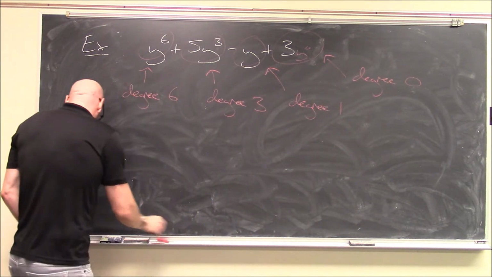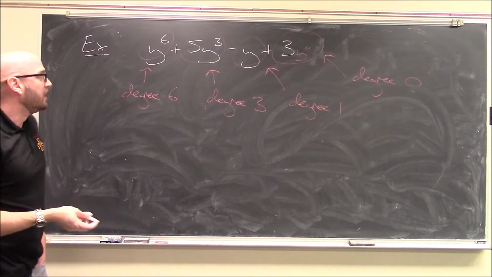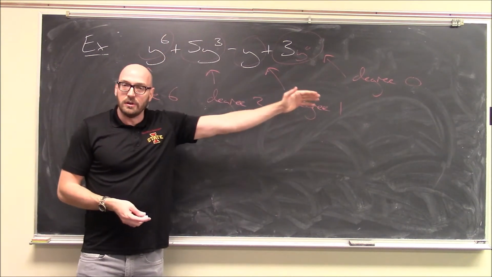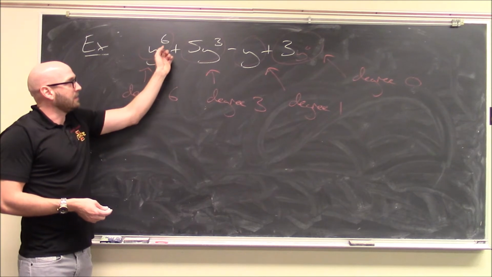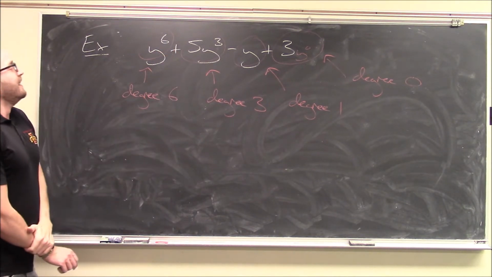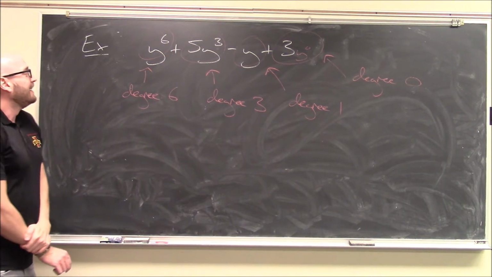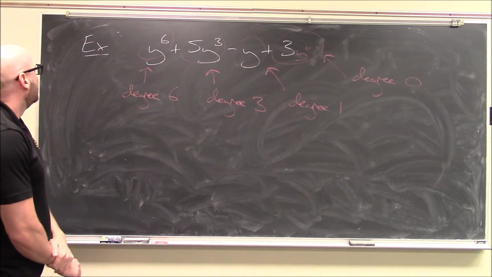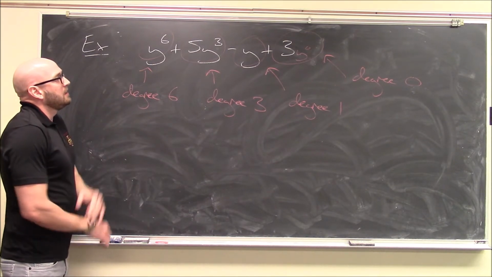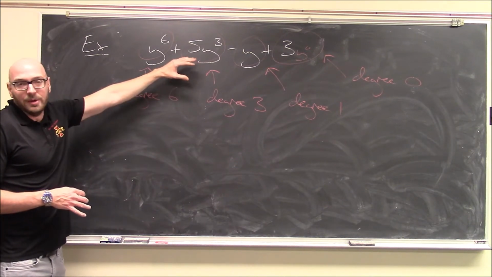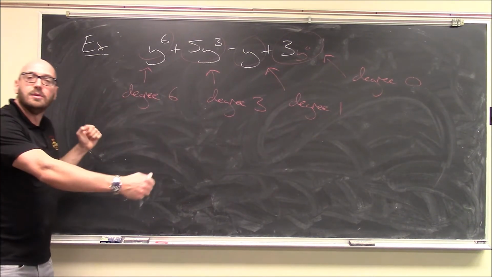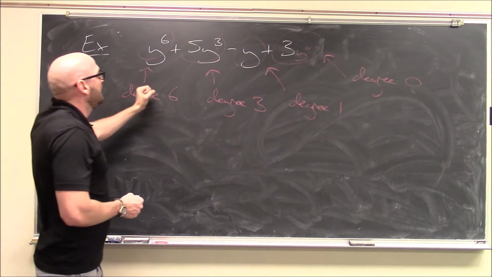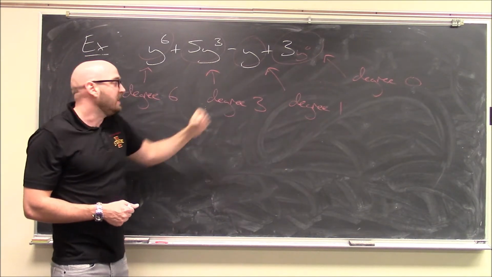And what I want you to notice is that every time I've written a polynomial so far, I've written all the terms in order of decreasing degree, right? I've put the highest powers first for a reason. And 1, it looks nicer, it's easier to read. But 2, we define the degree of not just the terms of the polynomial, but the degree of the entire polynomial. We define the degree of the entire polynomial to be the degree of the highest degree term that we see.